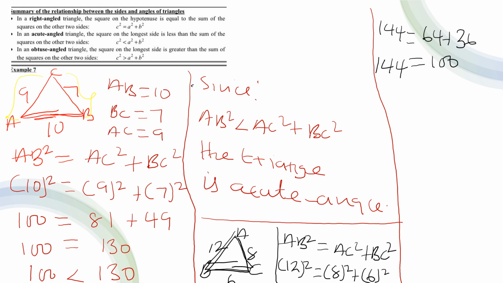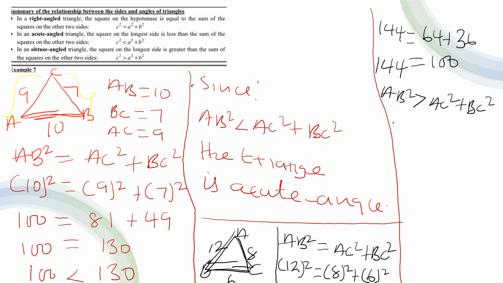Now we ask ourselves, what is the rule saying? The rule says that if the longest side squared is greater than the sum of the squares of the other two sides, then the angle is obtuse. So now AB squared is greater than AC squared plus BC squared.